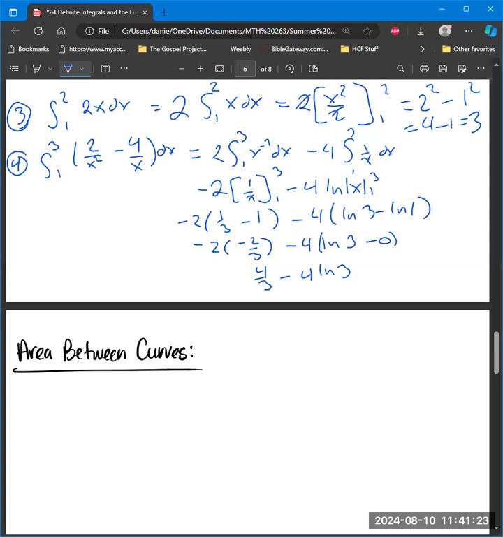So let's go ahead and do just another example here. If I had f of x equal to 400 minus x squared, and I knew that 20 and 20 multiply to give me 400, right? 20 times 20 is 400.